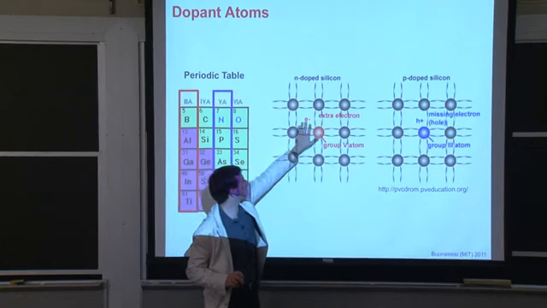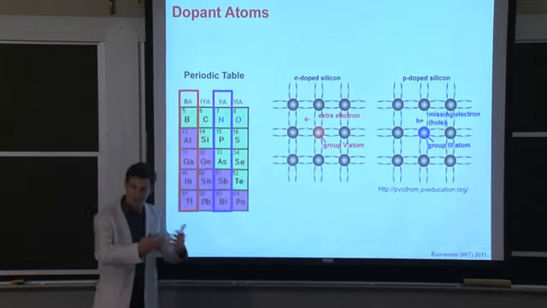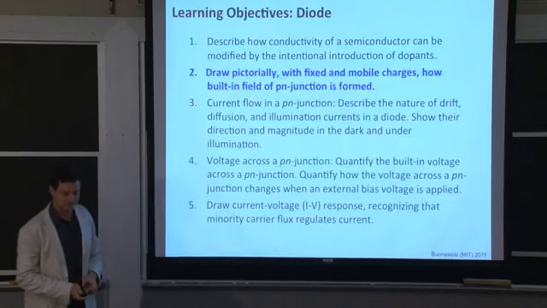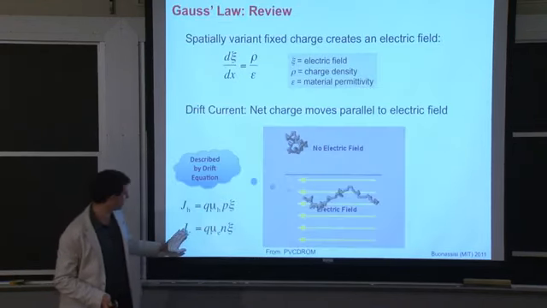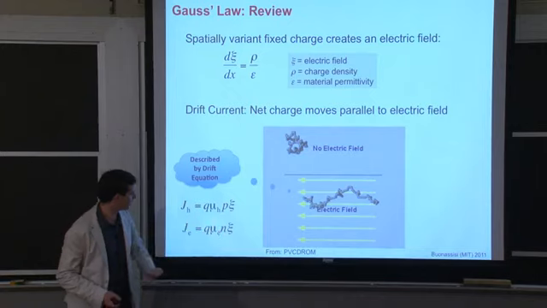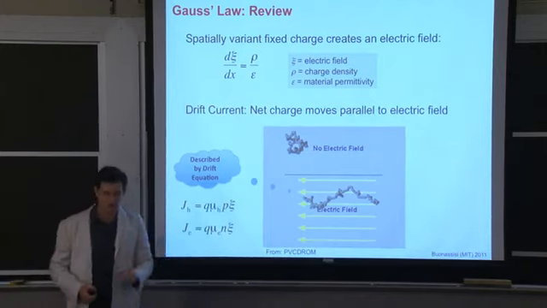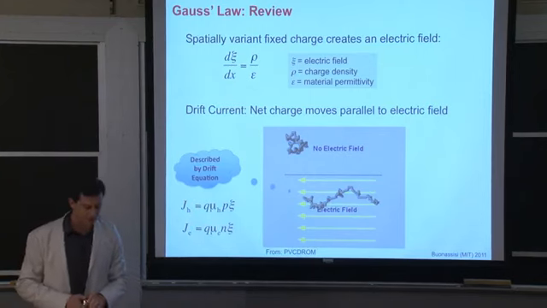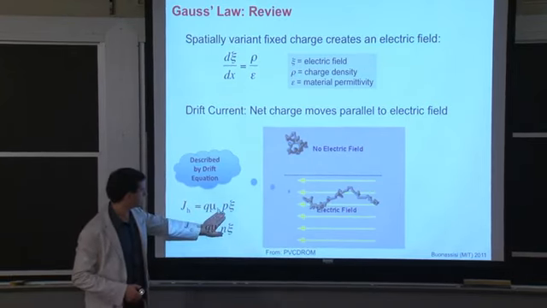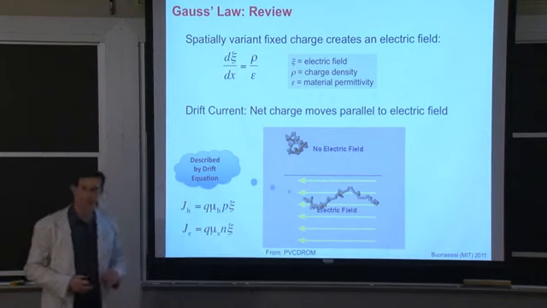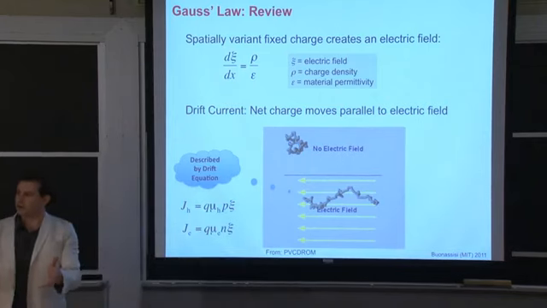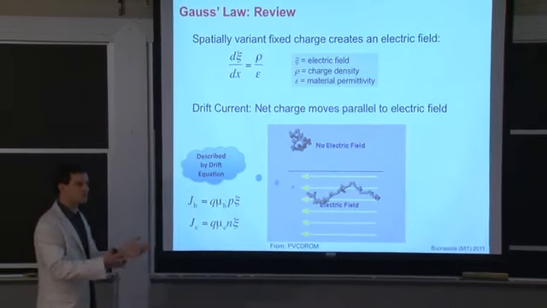Likewise, for phosphorus atoms or the donor atoms and the electrons, you'll have almost an equal number. So that's right here. The n is related to the number of electrons that are free to move around the crystal. The p, the density of holes that are free to move around the crystal. And these are given in units of number of charge carriers per unit volume, so per centimeter cubed, let's say.